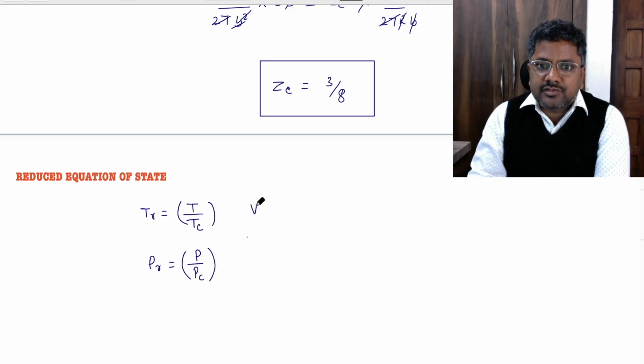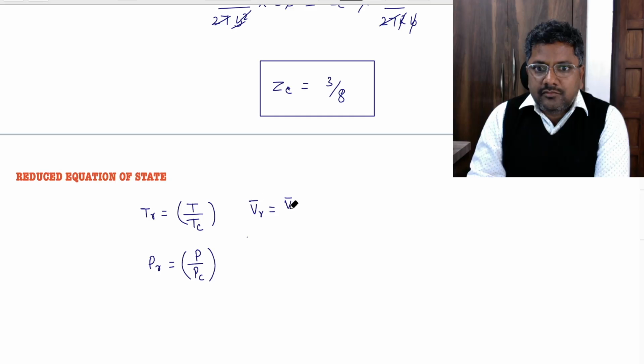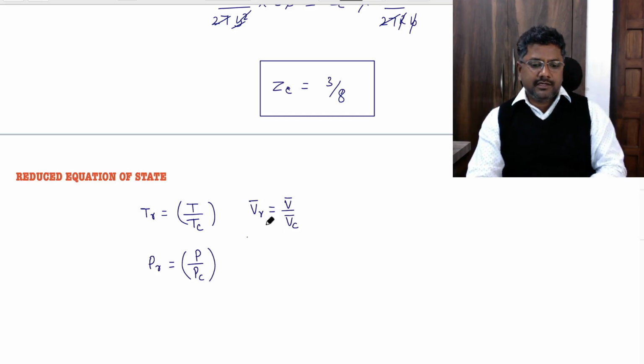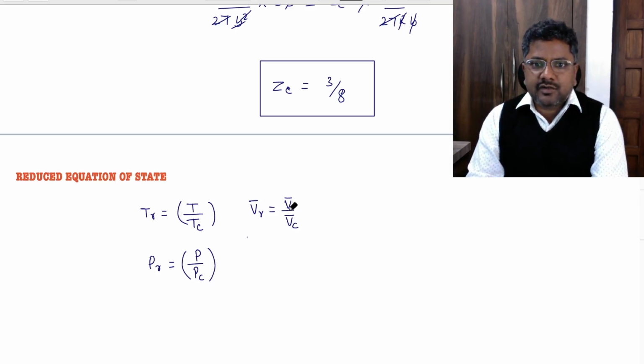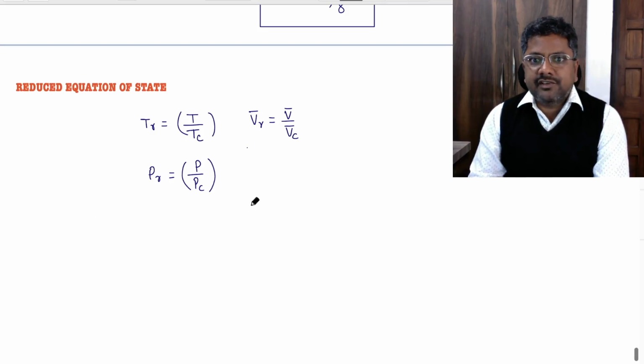Similarly, reduced volume, VR is equal to V by Vc, right?